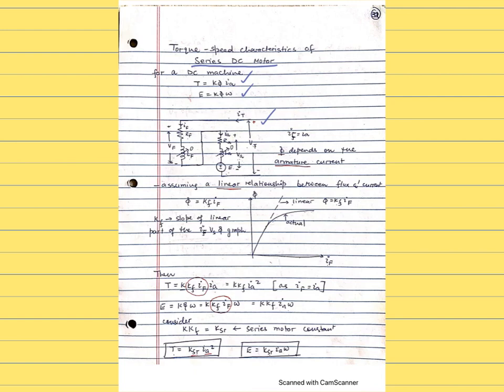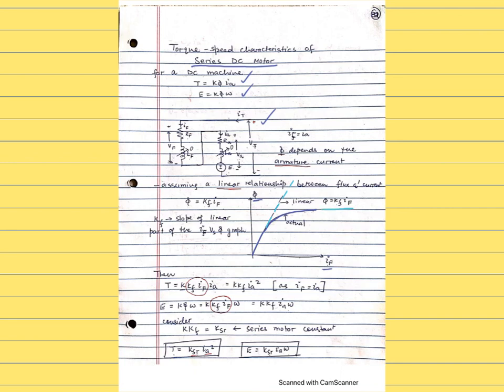If we assume a linear relationship between the flux and the current, where the actual relationship is like this, then we're going to say the graph is a straight line. That means phi is proportional to IF, or phi equals KF, a constant, times IF.